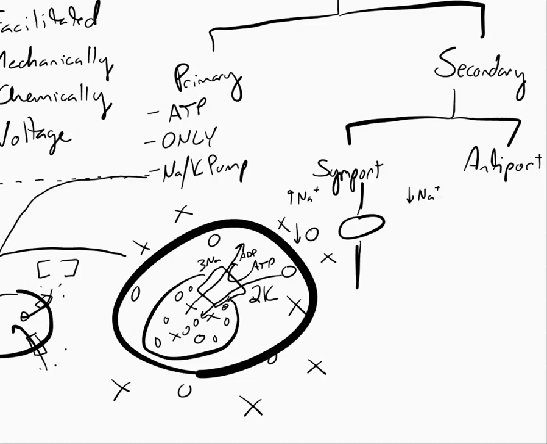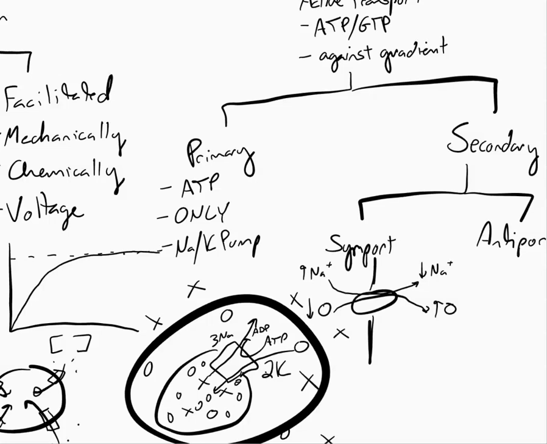Inside there is a higher concentration. And so with symport, we'd be transferring sodium from high to low, which is using, like we said, that concentration gradient, to then carry in as well what we want inside the cell, carrying it against its gradient.